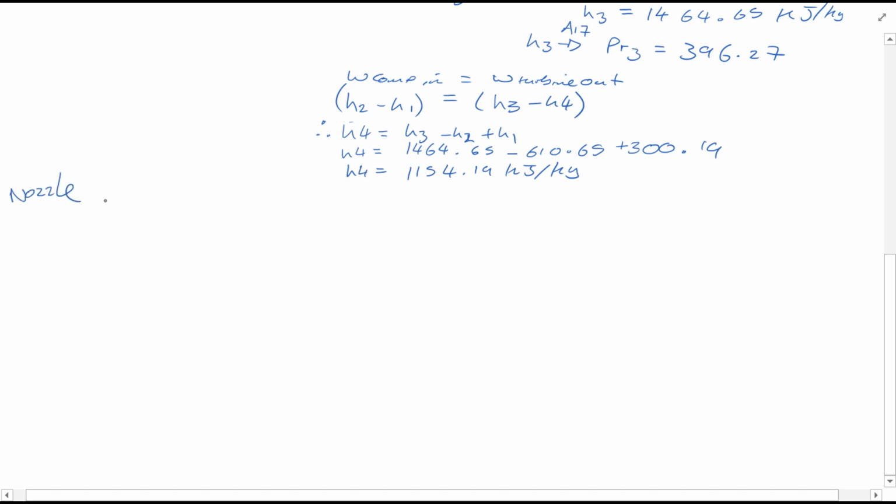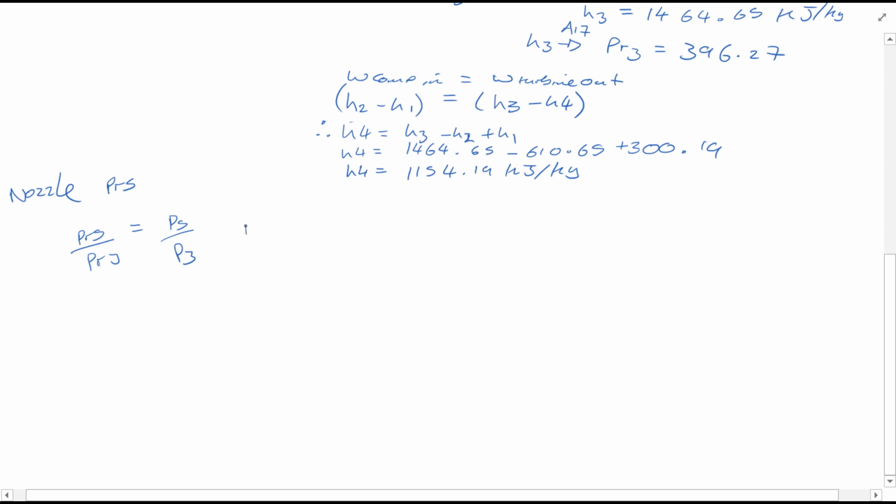Okay, so now looking at the nozzle and interested in finding H5, well, in order to do this we can find PR5. So if we find PR5, and of course PR5 over PR3 is equal to P5 over P3.